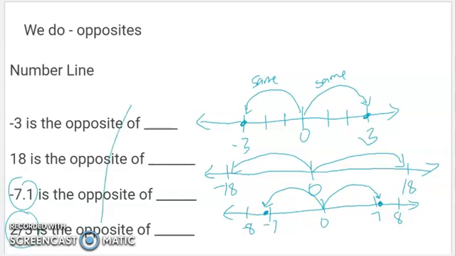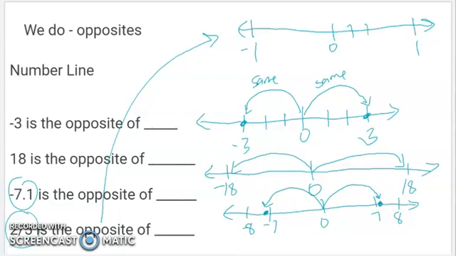I'm out of space for this one. I'll do it up top. 2/5. The way I would do that, and its opposite. I usually put 1 way off to the side when I do a fraction. That way I have the most space to partition my stuff. So this is in fifths. So I'm going to partition into fifths.